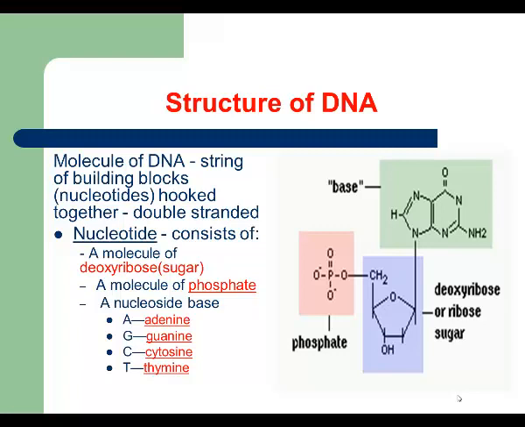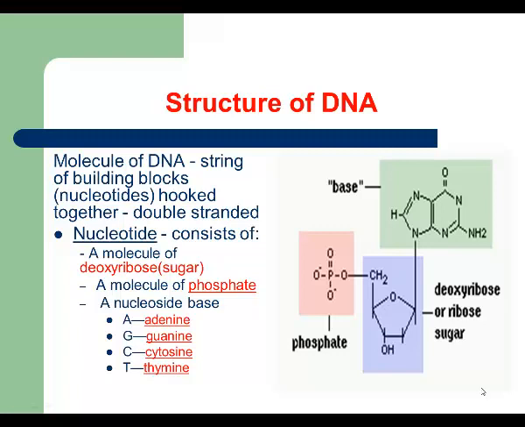So as I said, all double-stranded DNAs are double-stranded. Why? Because they are made of two strands. Now let's talk about what each strand is made of. Each strand of double-stranded DNA is made of nucleotides hooked together.